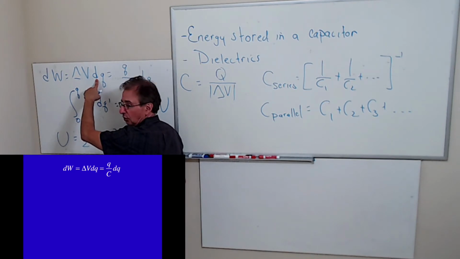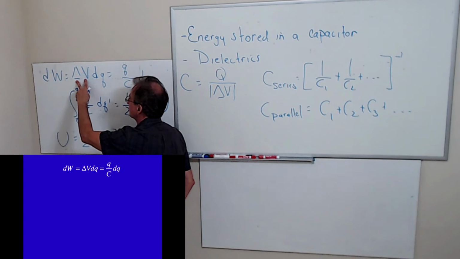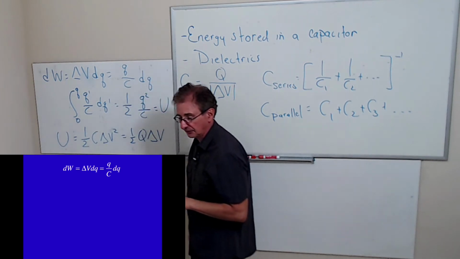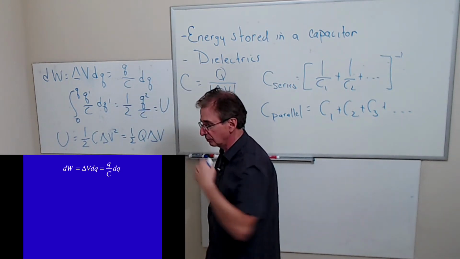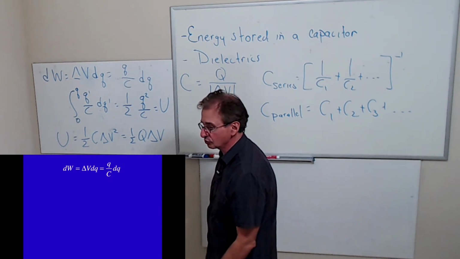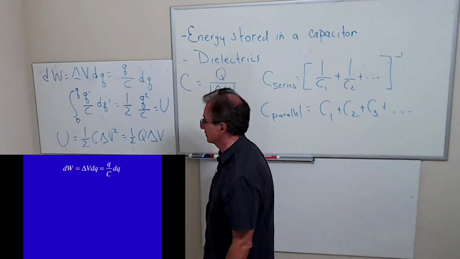And we have to keep doing this and sum over all the dW's, because each time we add a dQ, this changes. The delta V does depend on the amount of charge on the plates. So as you put more charge on the plates, the battery has to do more work to put more charge on the plates.